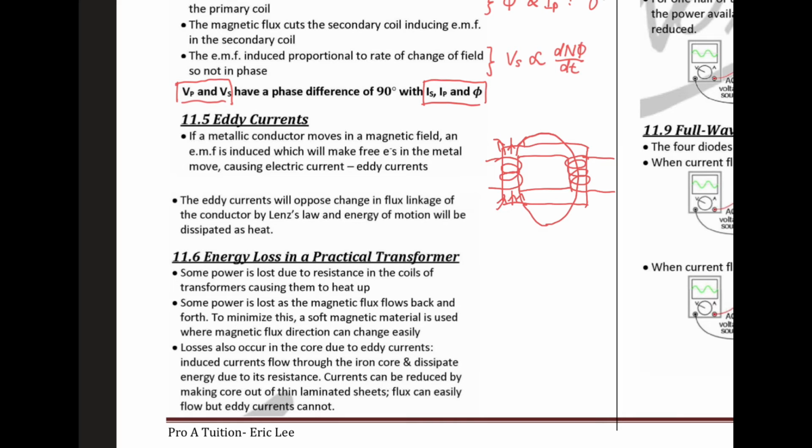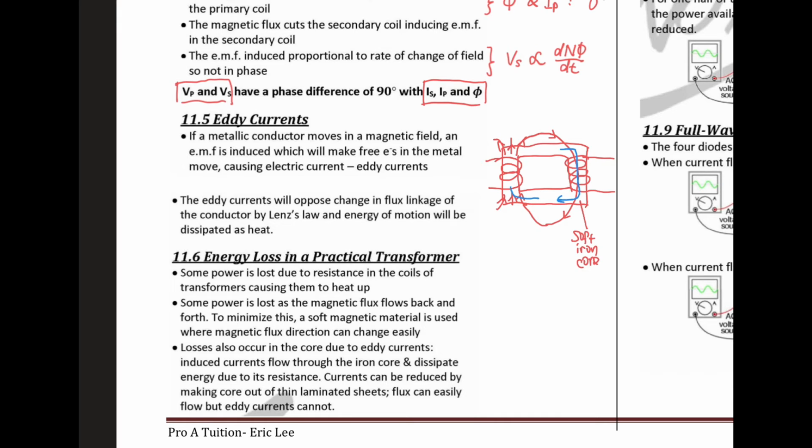So when they cut the secondary coil, EMF is induced. But the problem is they also cut the soft iron core. This is the soft iron core. When the magnetic field cuts the soft iron core, it induces EMF also. So because of that, there are currents that flow around the core.